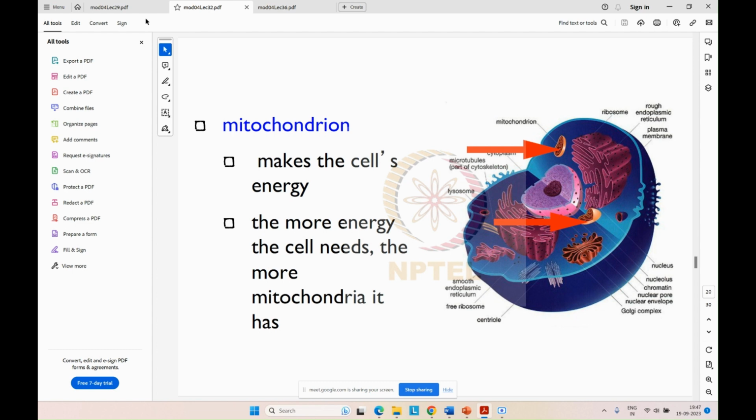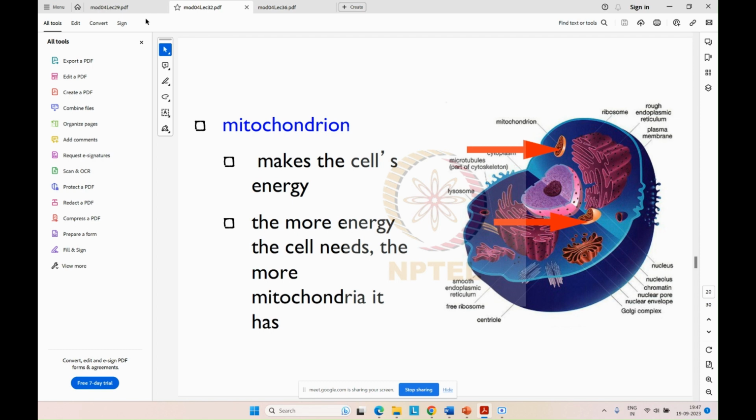The mitochondria has a double lipid bilayer, two layers of bilayers, and it produces ATP in the cell by using the electron transport chain. We might be discussing that later on, but otherwise you can go look it up.